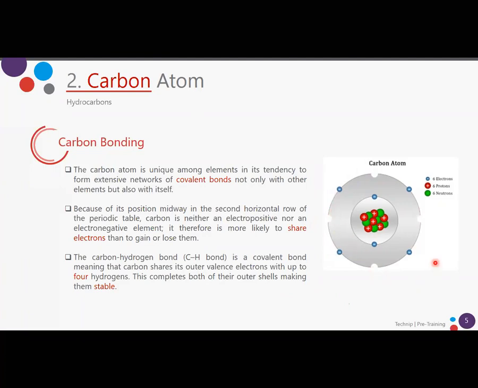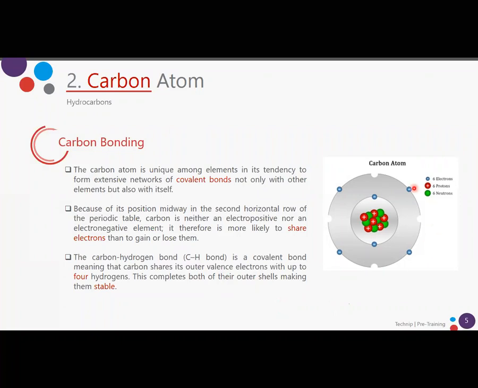So the carbon will tend to share these 4 electrons with another compound or element to give stability to the carbon atom. This octet rule is applicable except for hydrogen, which can hold a maximum of 2 electrons in its valence level. Okay.